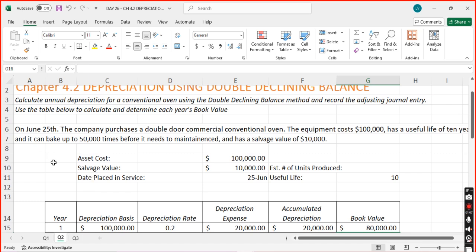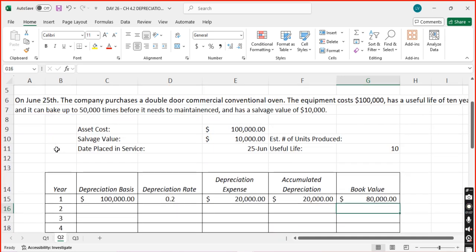So when did I place my asset into service? Okay, so in this case, we purchased it on June 25th. So therefore, that's 5 extra days. We're going to treat it as if July 1st.